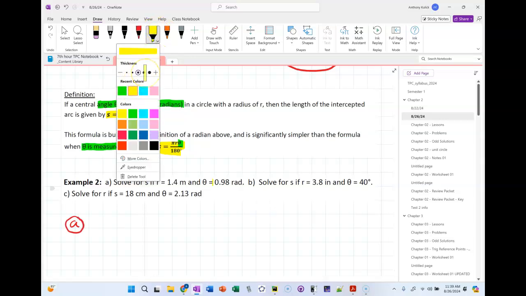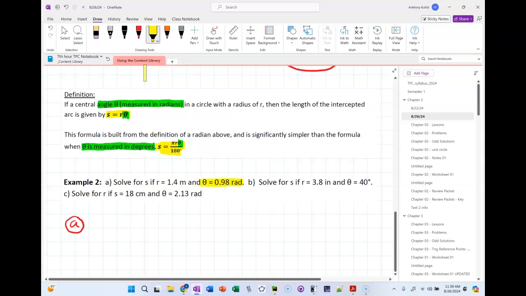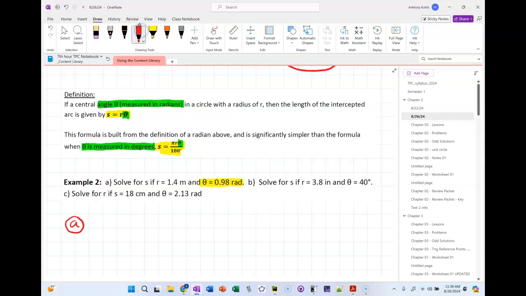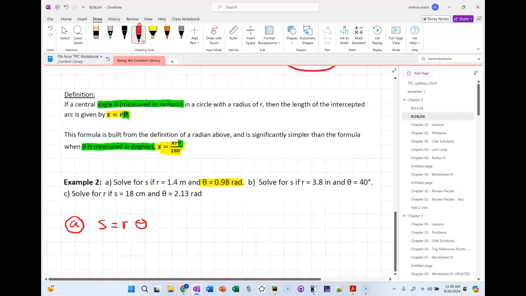The key here for me is what unit that central angle is measured in. Because that central angle is measured in radians, I know I want to use that version of my formula. So if I plug in 1.4 for R and 0.98 for theta, when I type that into my calculator, I get 1.372.